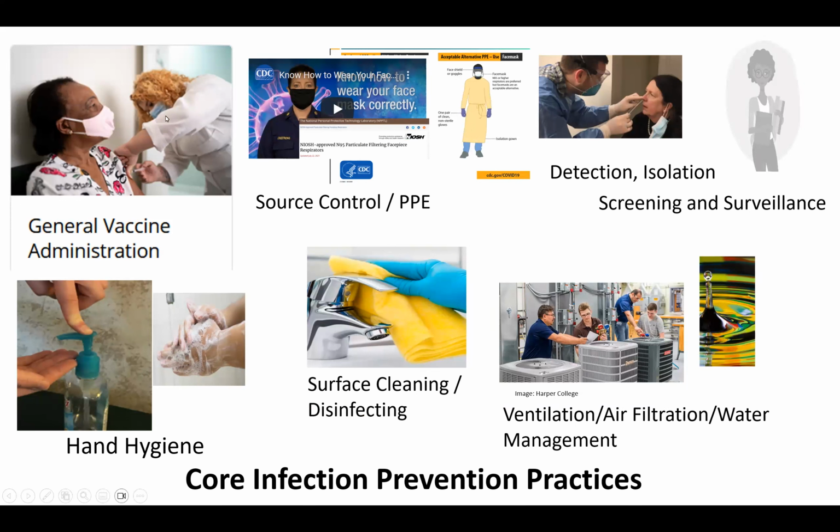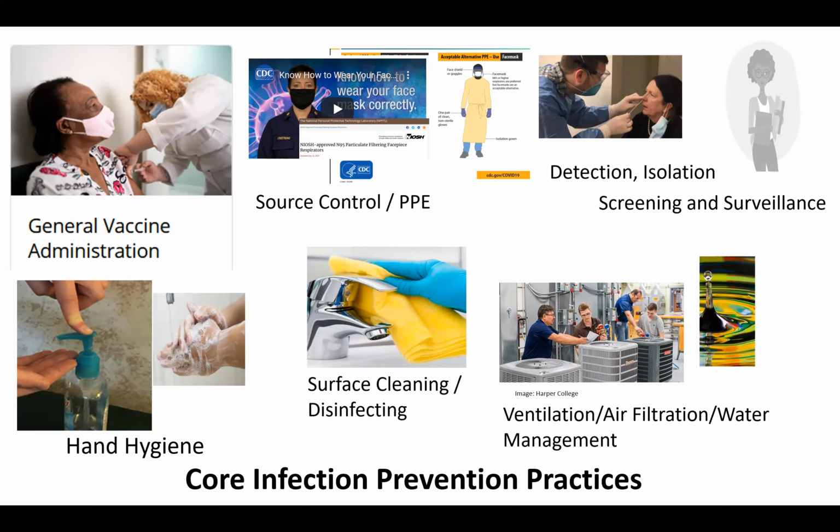General vaccine administration, source control, and the use of personal protective equipment, detection, isolation, and screening for organisms and illnesses before they can spread to others. We do that through surveillance, hand hygiene, including use of alcohol-based hand rub and washing hands with soap and water.